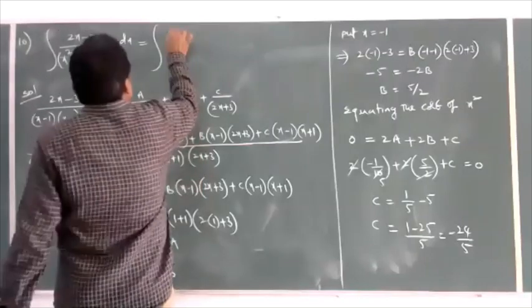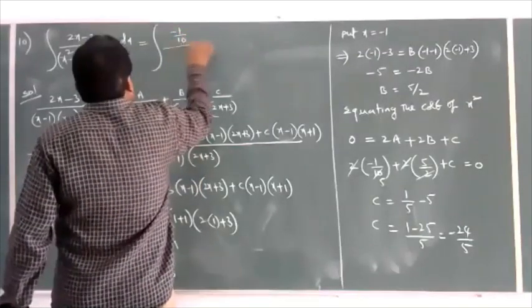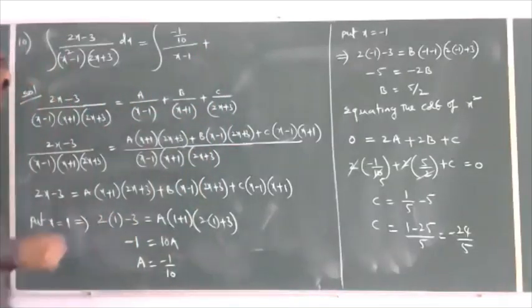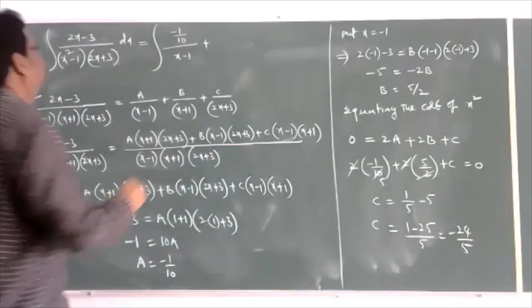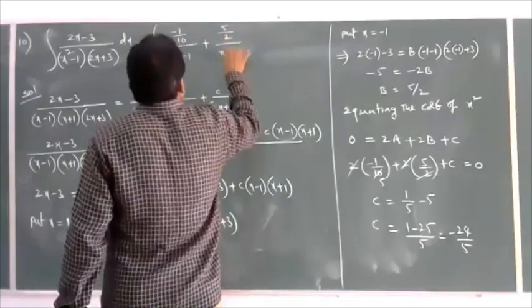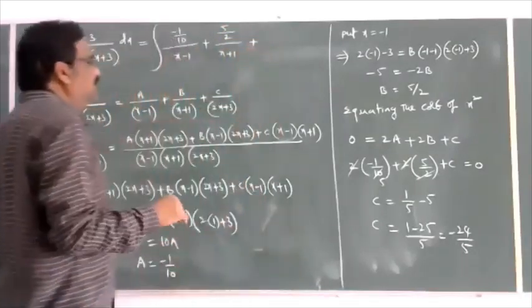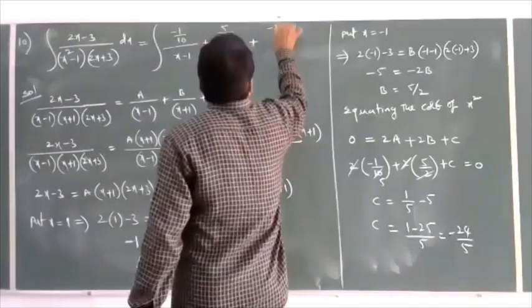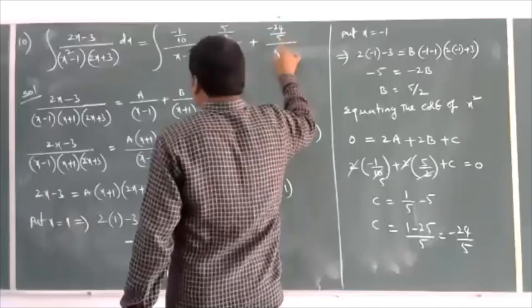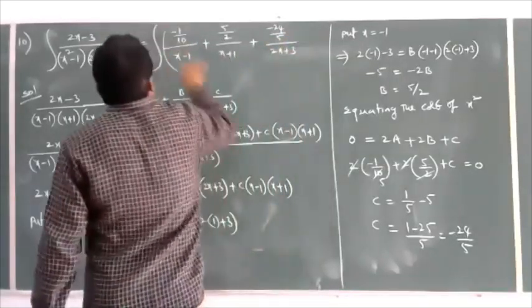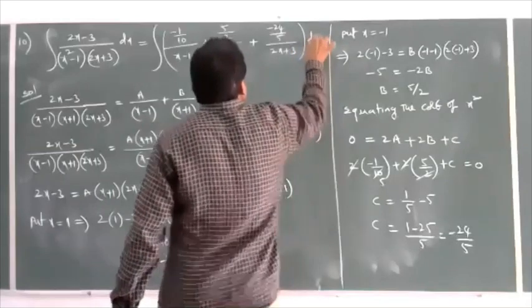Minus 1 by 10, minus 1 by 10 by x minus 1, plus what is b here? 5 by 2, 5 by 2 by x plus 1, plus what is c here? Minus 24 by 5, minus 24 by 5 by 2x plus 3 into dx.